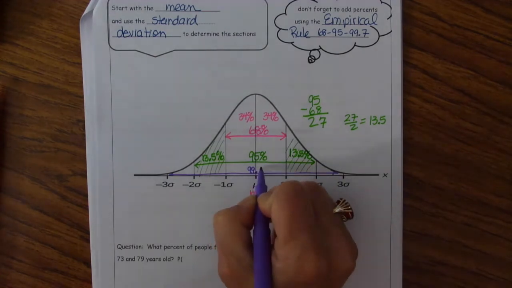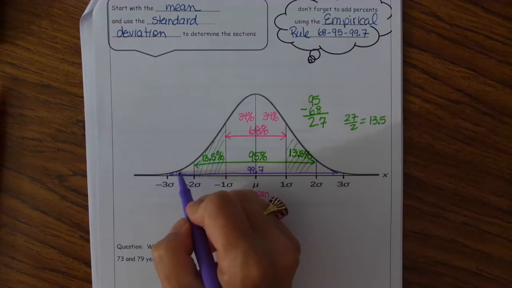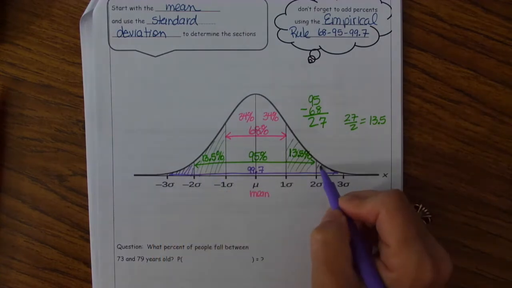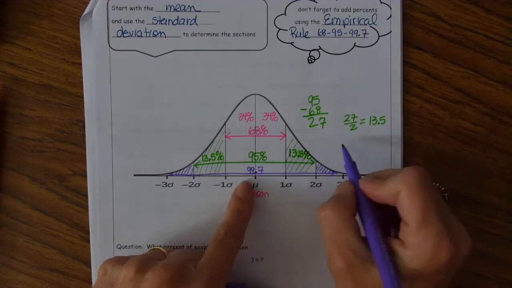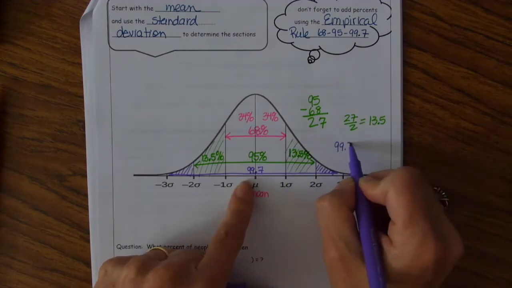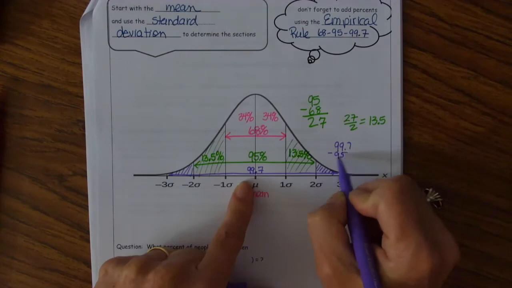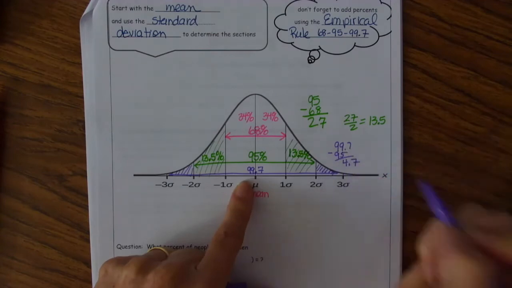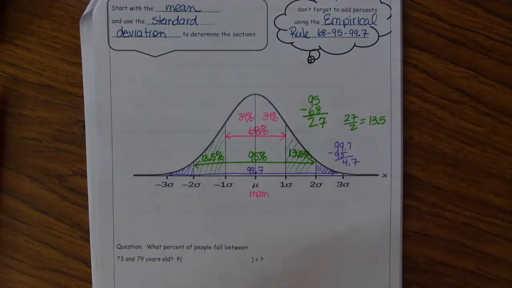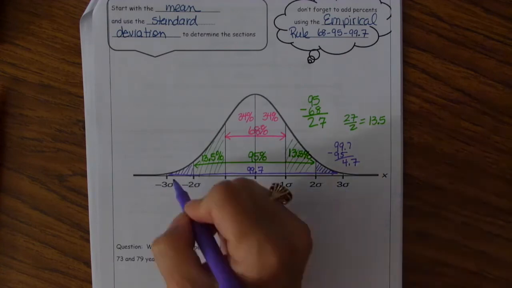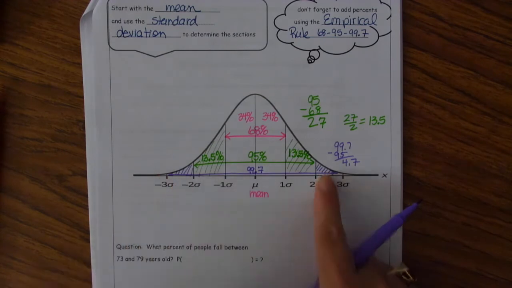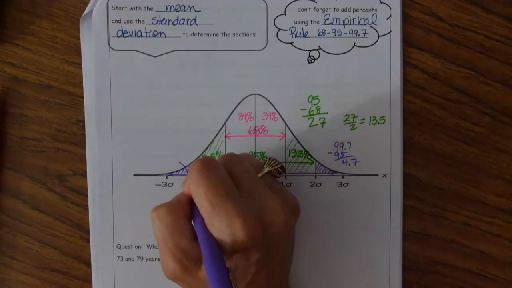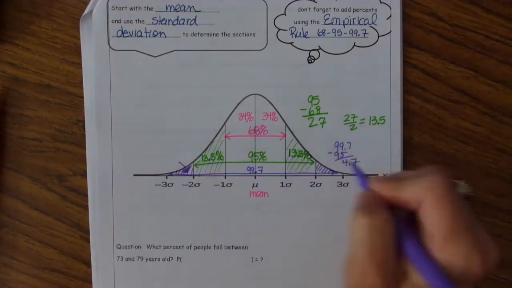So now one more right here. 99.7. Now, how much is really left to go into these areas I colored purple? We've already used up 95. So that's 4.7, right? Left to go right here. So what's 4.7 divided by 2? Half is here and half is here. What does that leave us?